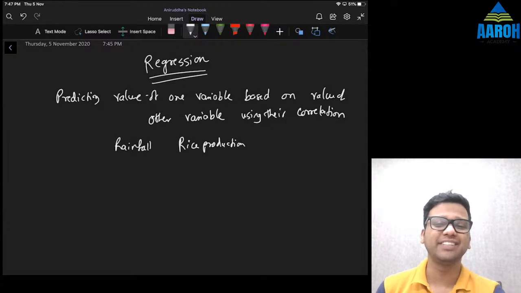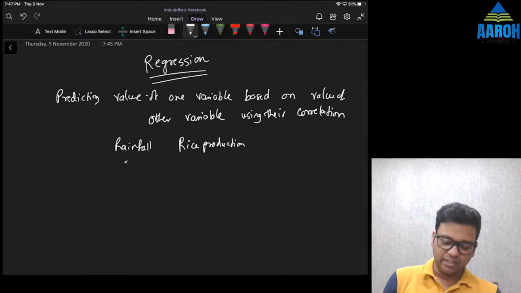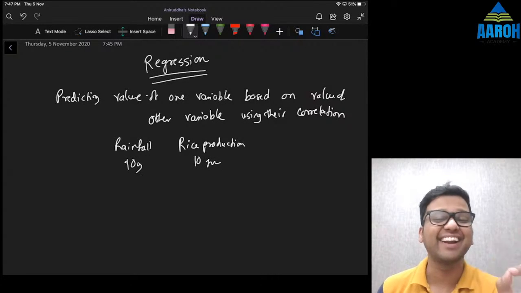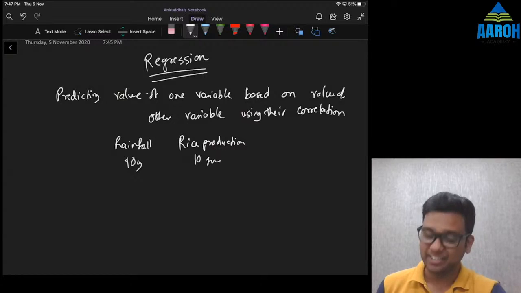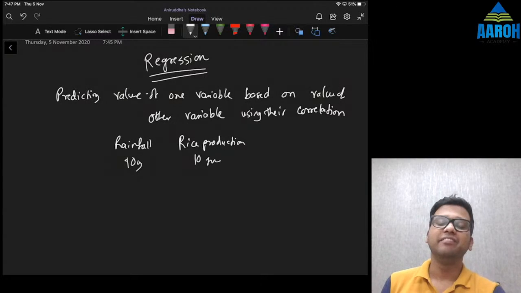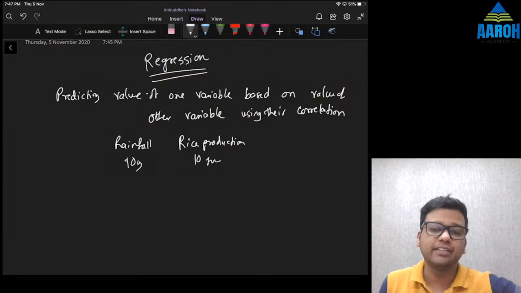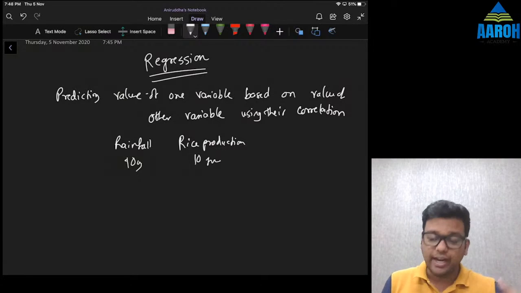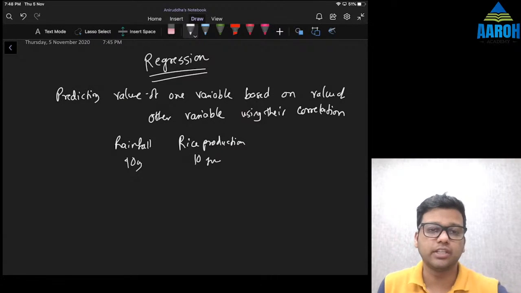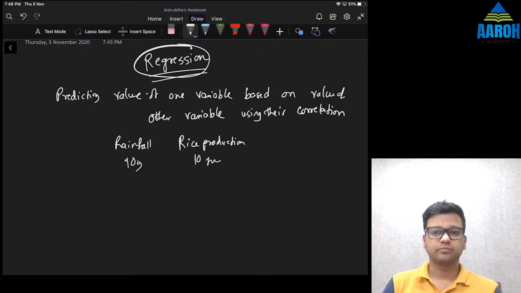So if we have 5 or 10 years of data on rainfall and rice production, we can predict next year's. If next year's rainfall is predicted to be 120, we can predict how much the rice production will be, based on their correlation. That is called regression.